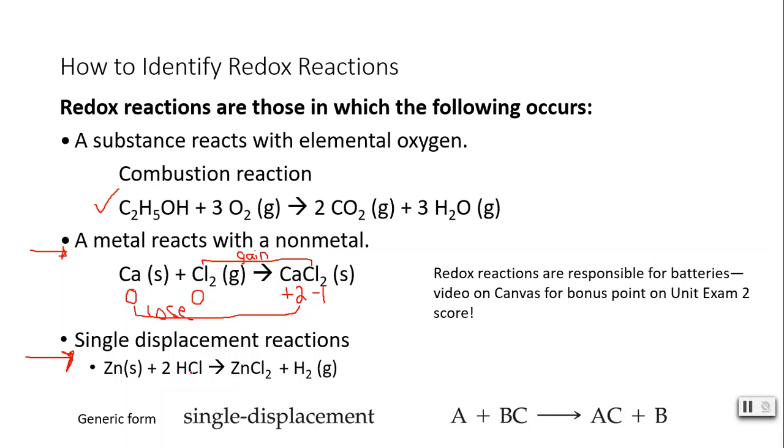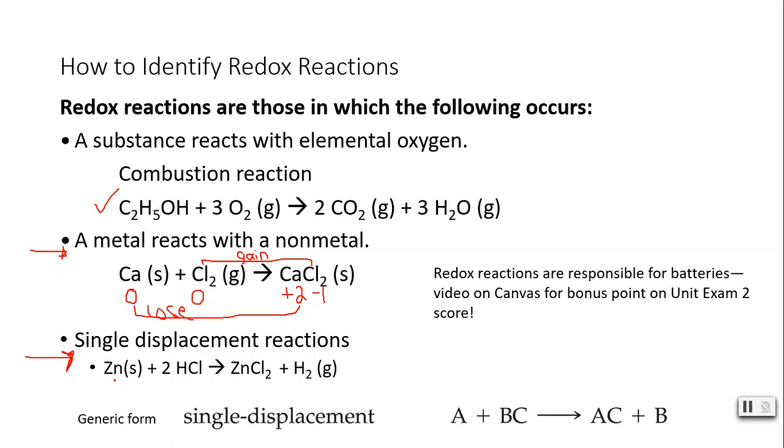Zinc solid reacting with HCl to give zinc 2-chloride and hydrogen gas. This is also a single displacement reaction. Single displacement because you have one species changing places with another species that's in an ionic compound. Let's look at this reaction and determine what's being oxidized and what's being reduced.